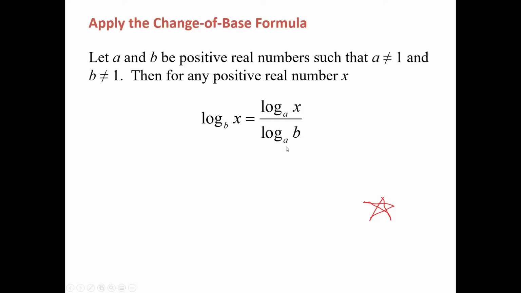Now, this A is typically base 10, although you could choose any base you wanted. It's easier to just use base 10. That way you simply write the word log, and look what happens here. The argument becomes the numerator, the base becomes the denominator.